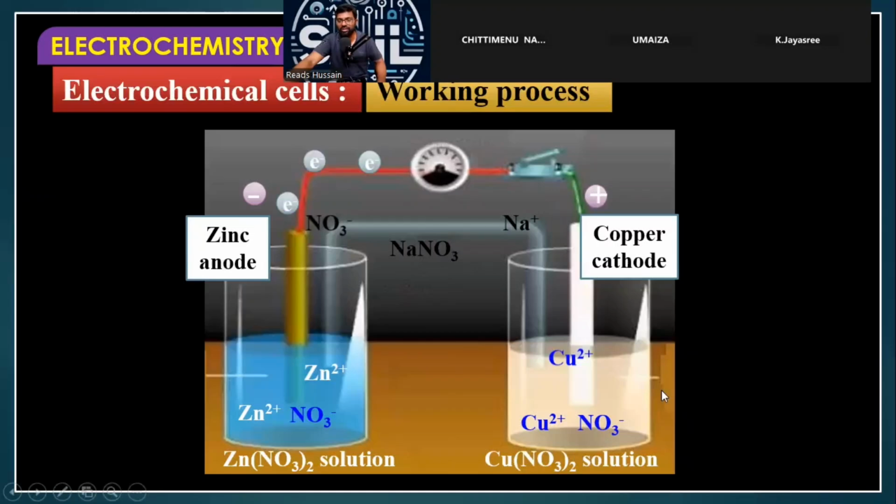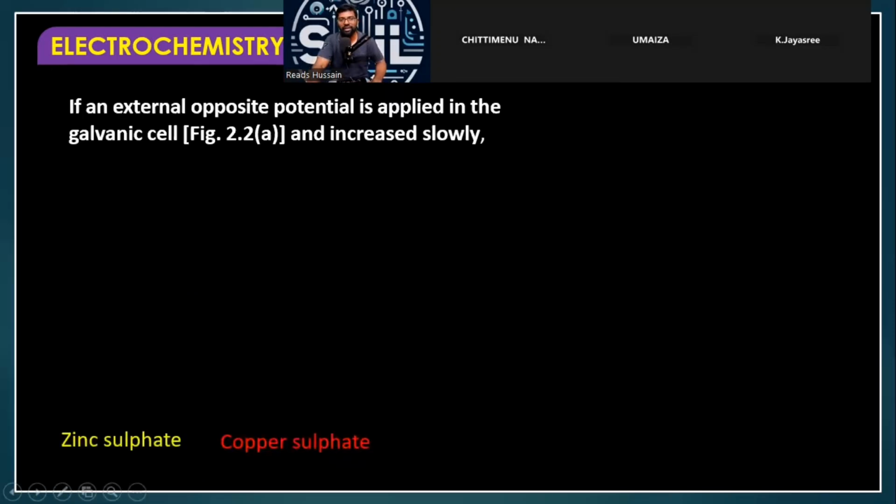You remember this value. What is the electrode potential or voltage due to the connection between zinc sulfate and copper sulfate solution in a galvanic cell? The voltage will be 1.1 volts. These are all points I have taken from your textbook itself.